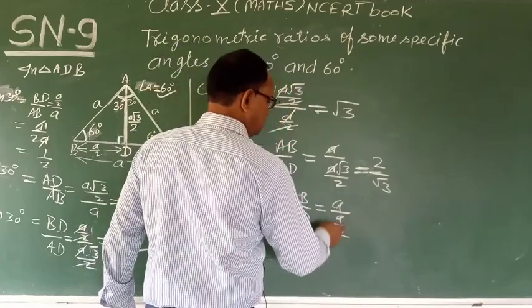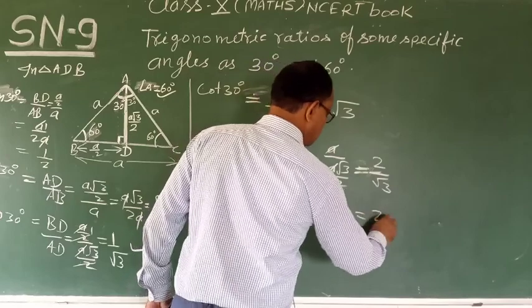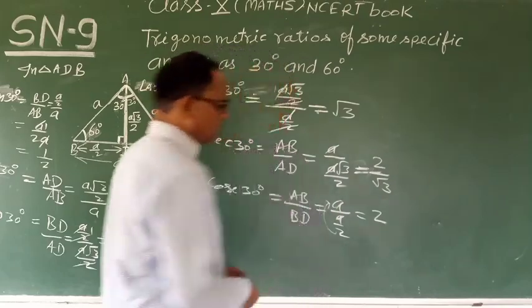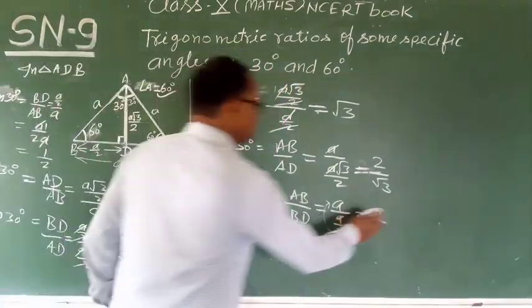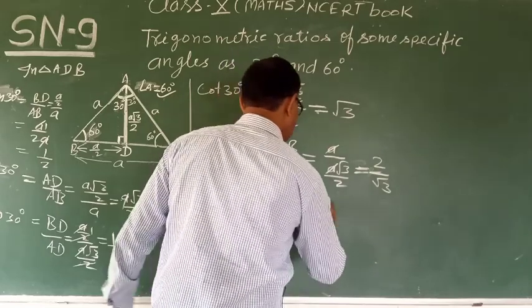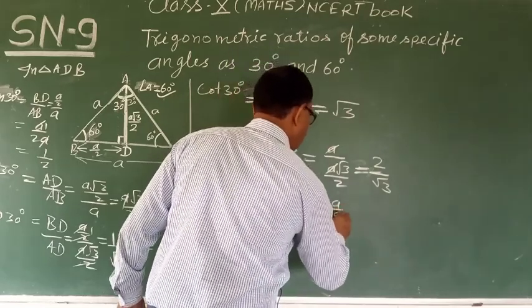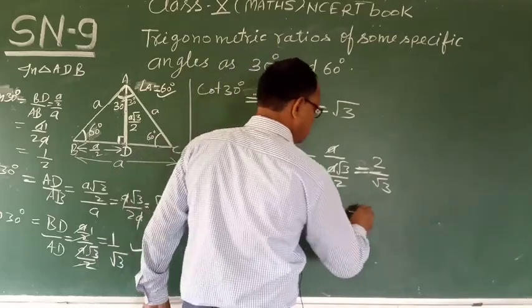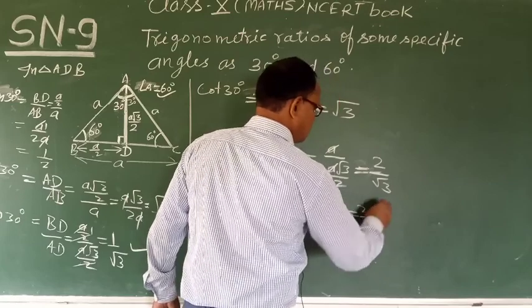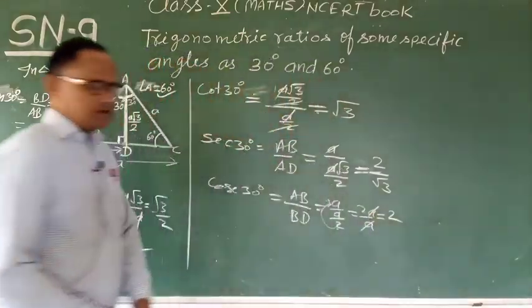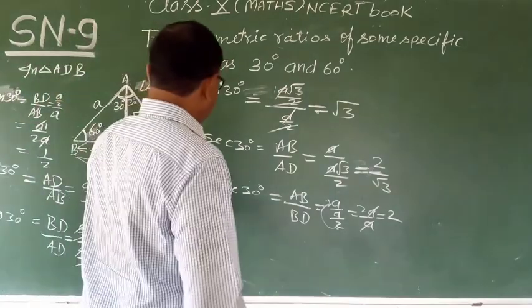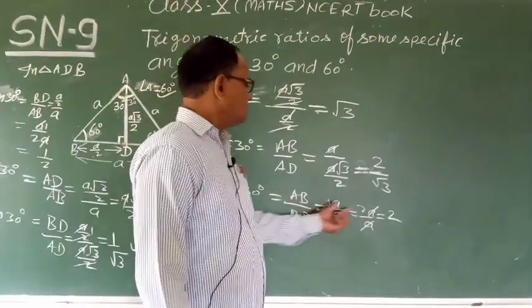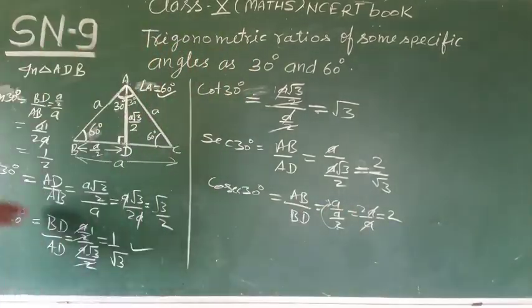Here A cancels A and 2 multiplied by A. Then we get 2. Or you can also write A upon A by 2, then we get 2A by A, cancel A, is equal to 2. Okay student? Then we get the value of cosec 30 degree as 2.